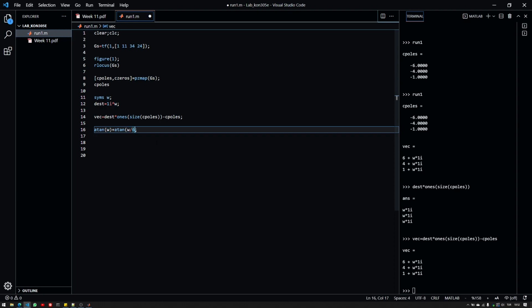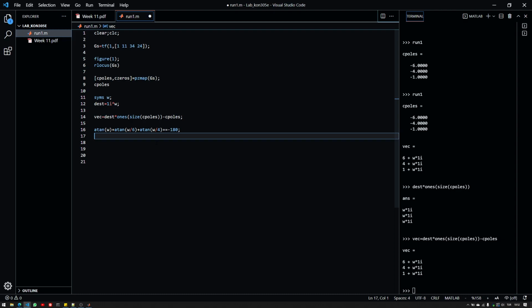So a tan omega divided by 6, and then a tan omega divided by 4. So this should be equal to minus 180 degrees. If this is satisfied, if the condition given in line 16 is satisfied, this means that whatever the destination point is, this point is on the root locus plot.